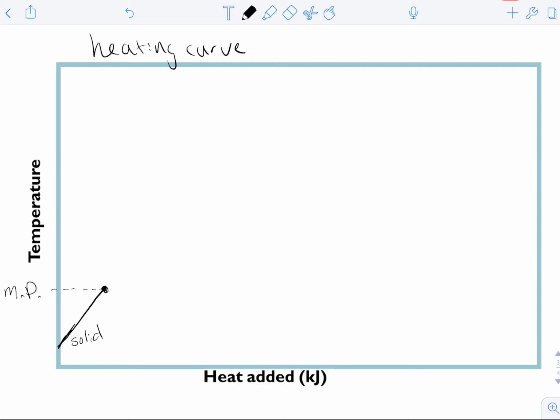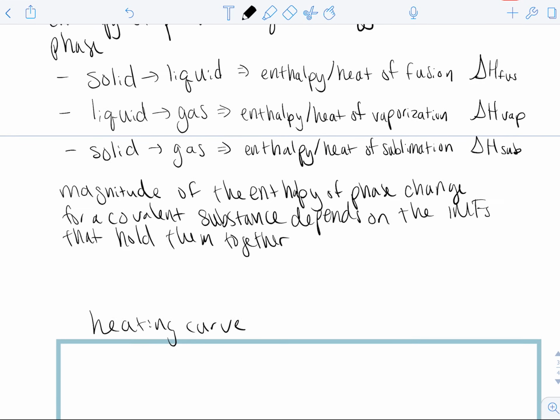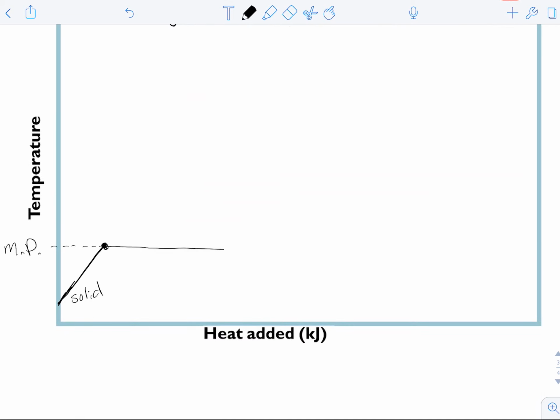Once we reach that melting point, we then must add additional energy in. Okay? We do not automatically go from solid to liquid once we are at the melting point. We have to add in that energy, and that energy is that enthalpy or heat of fusion. So when we level out, we stay at the same temperature, but now we are softening those intermolecular forces right here.